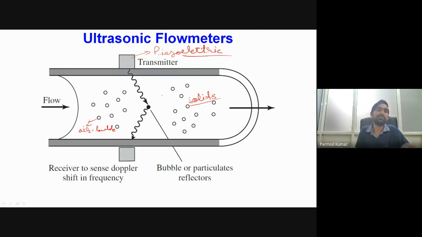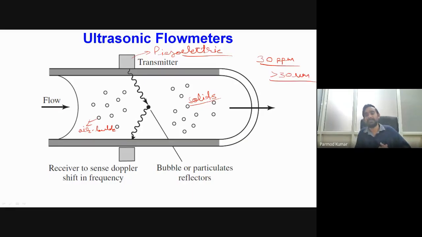In the initial days, when these ultrasonic flow meters were used, the criterion was that we should have at least 30 ppm, that is 30 parts per million, of solid particles or air bubbles inside the liquid whose flow rate we want to measure, and particularly the diameter of these particles was specified in micrometers.